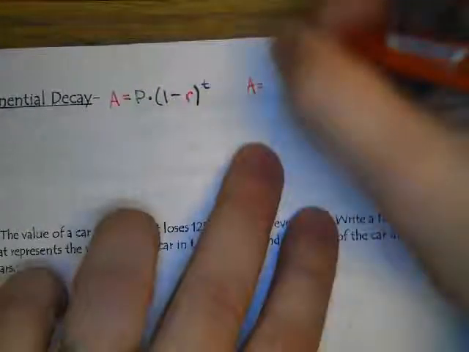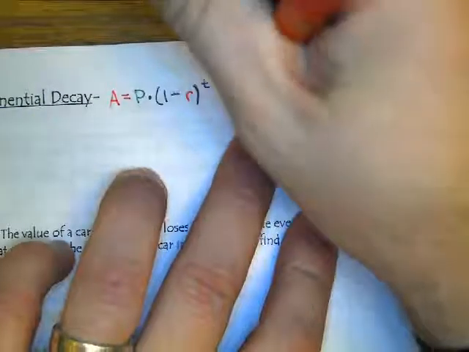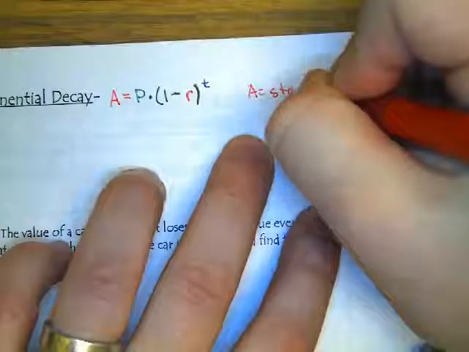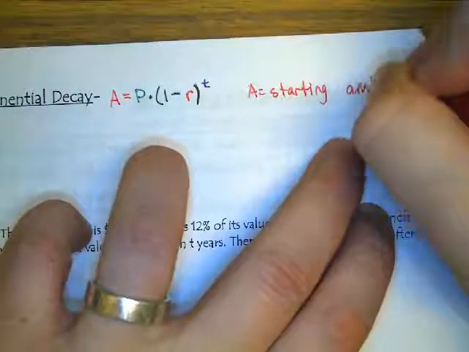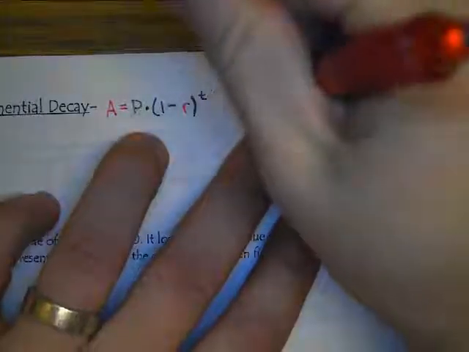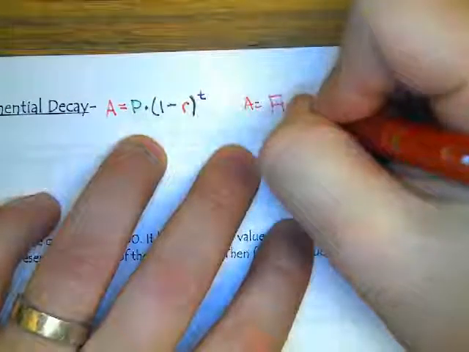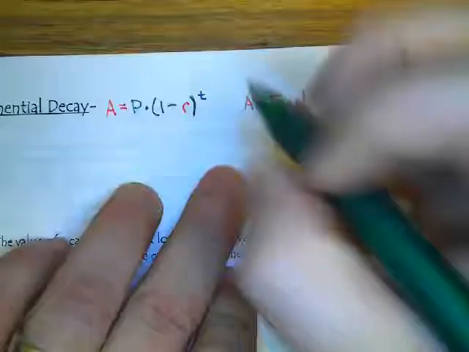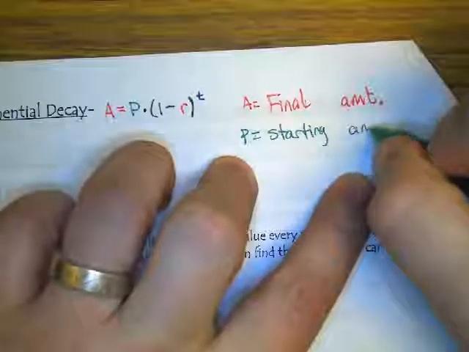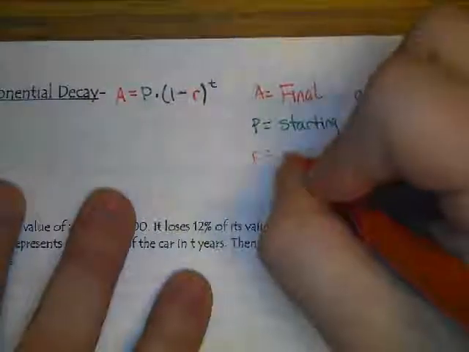A, final amount. P, starting amount. R, rate.